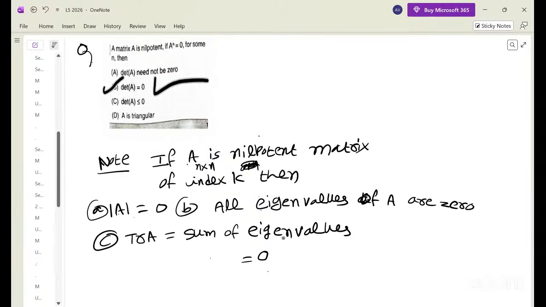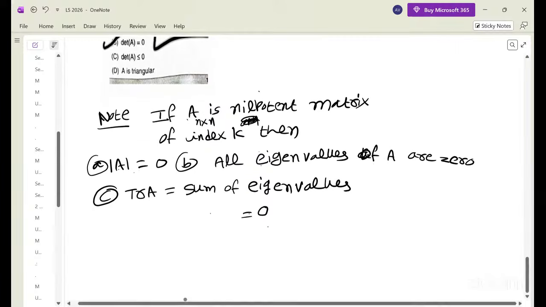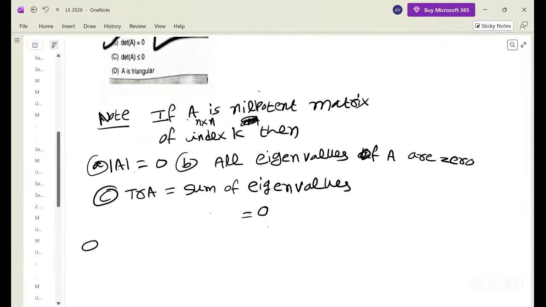Otherwise, you will be given one more question. If trace A is 0, then first option, A is nilpotent. Second option, A is skew symmetric. Option C, need not be. If A is nilpotent, then definitely det A is 0, all eigenvalues are 0, trace A will be 0.